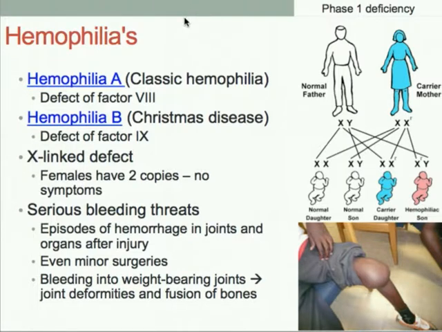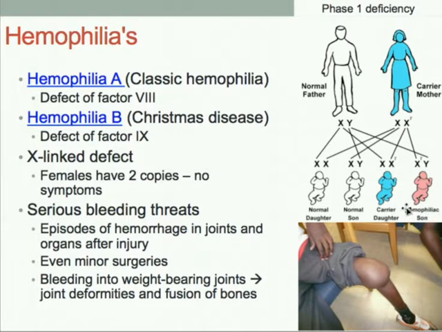There are two recognized clinical types of hemophilia, and one way for you to remember these is that they are X-linked. That means females, because they have two X's, can carry the recessive gene for this, but females themselves cannot express hemophilia.